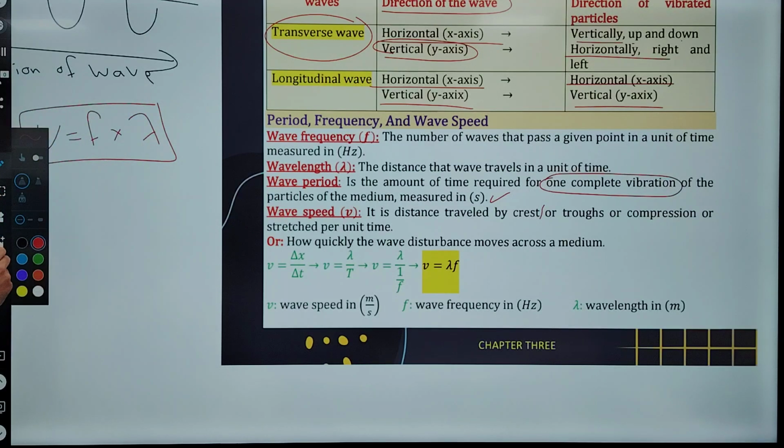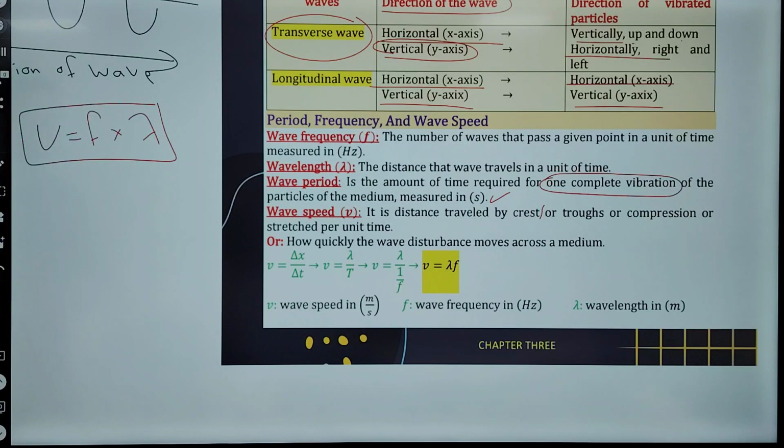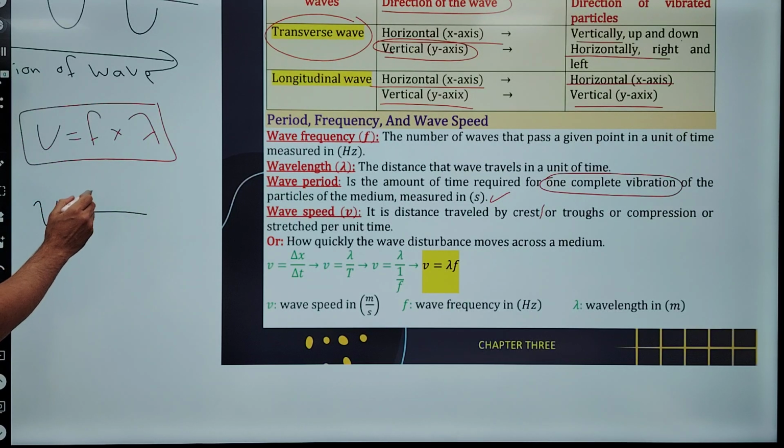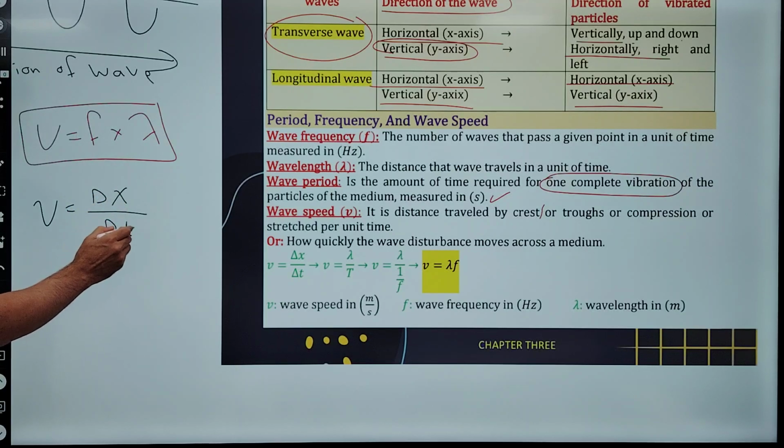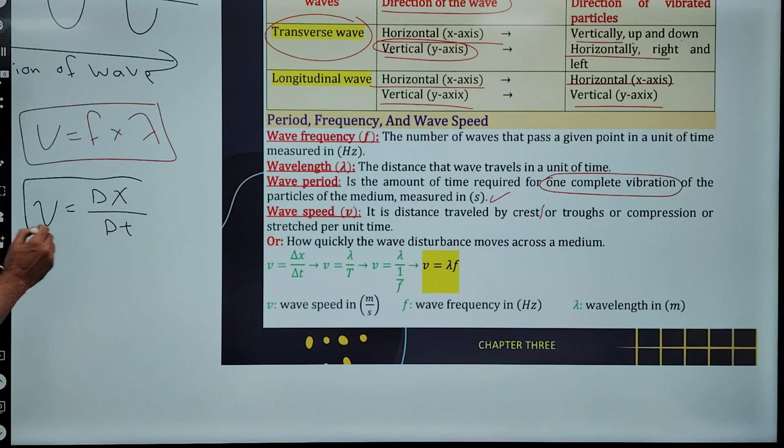This equation is based on the equation you studied in grade 11 in one-dimensional motion. Velocity is equal to what? x over t. The distance or the displacement per unit of time. This is the velocity.